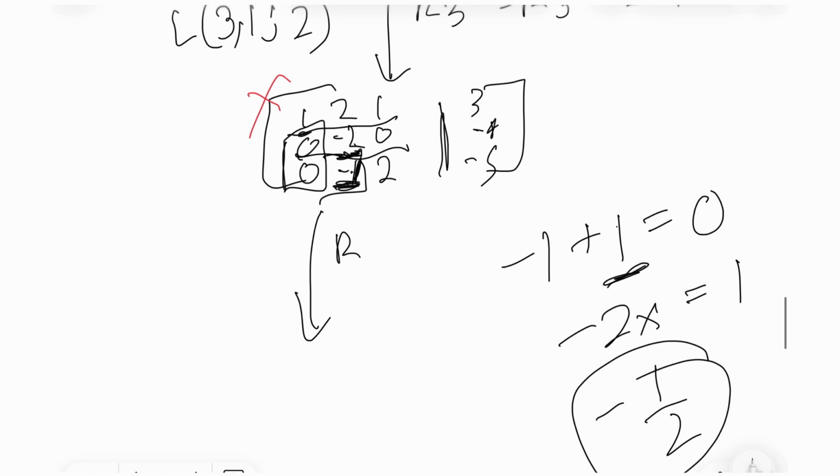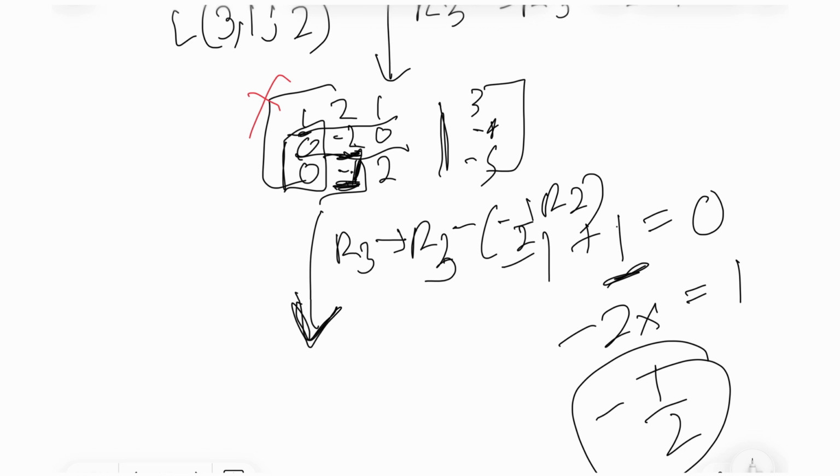So R3 is now R3 minus 1 by 2, R2. Again, you can just write it as R3 is R3 plus 1 by 2, R2, right?